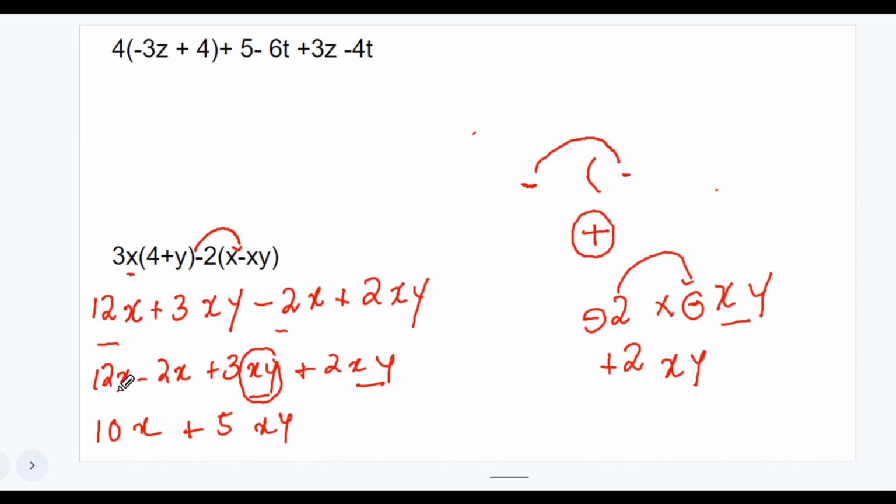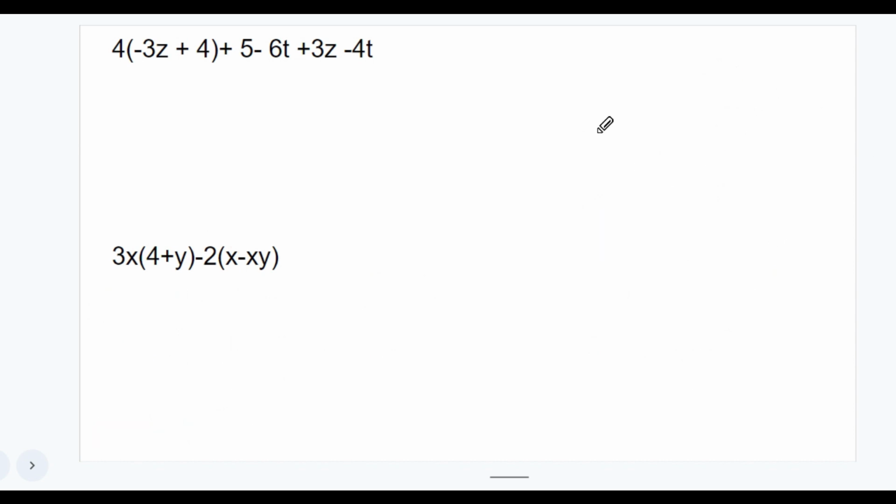Okay, we can add x and x, we can add xy with xy, but we cannot add x with y. Okay, in the same way, when you are multiplying x and y like this, x times y, your answer will always be xy. If you have a times b, it means your answer will be ab.